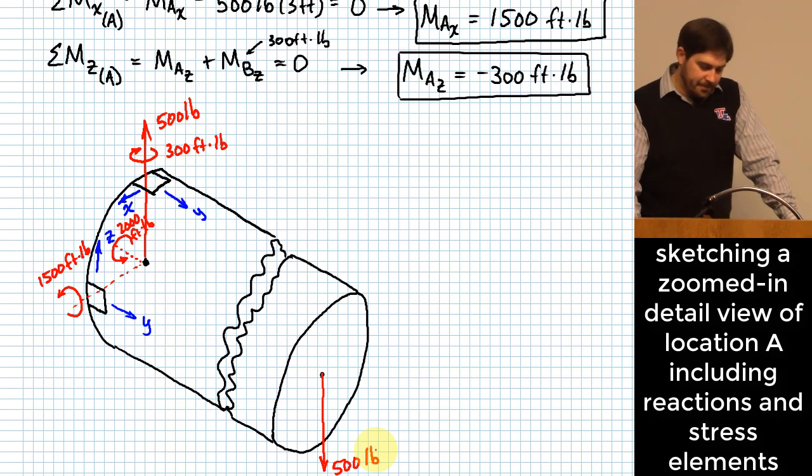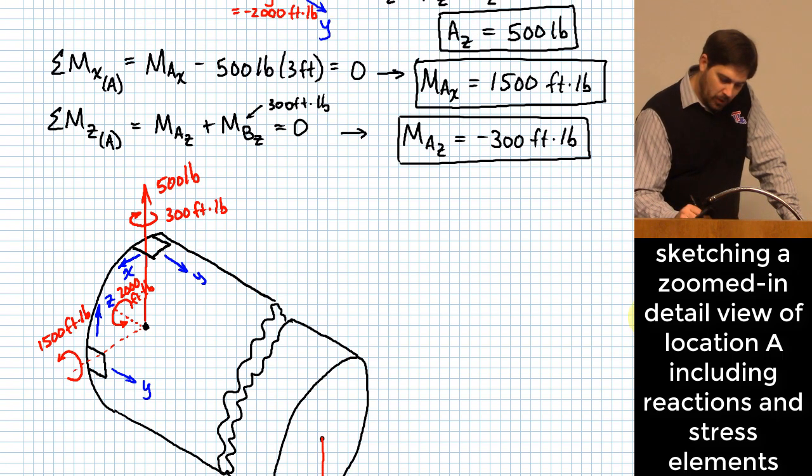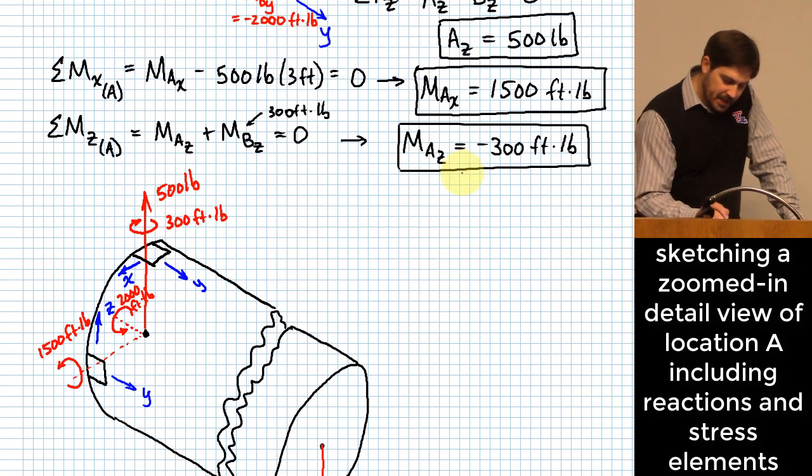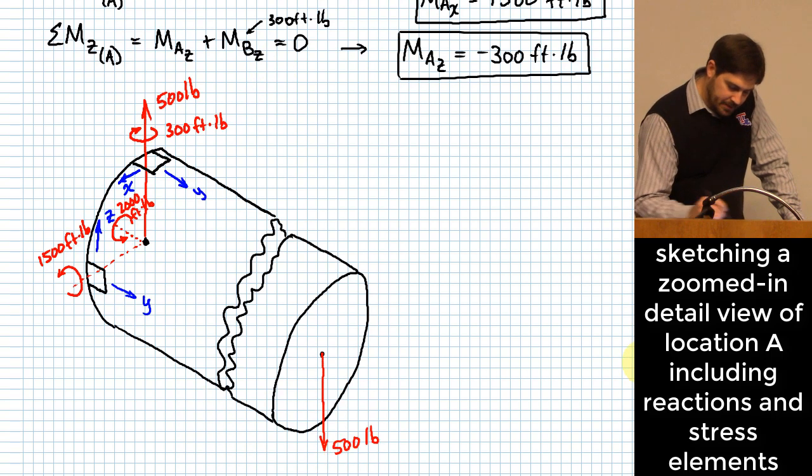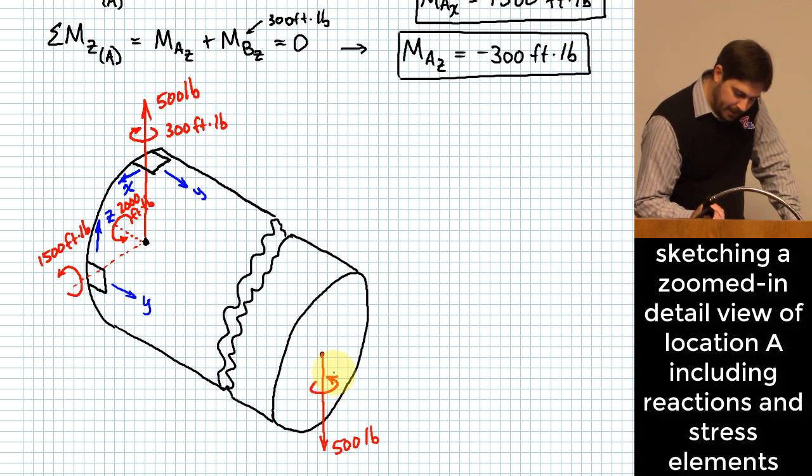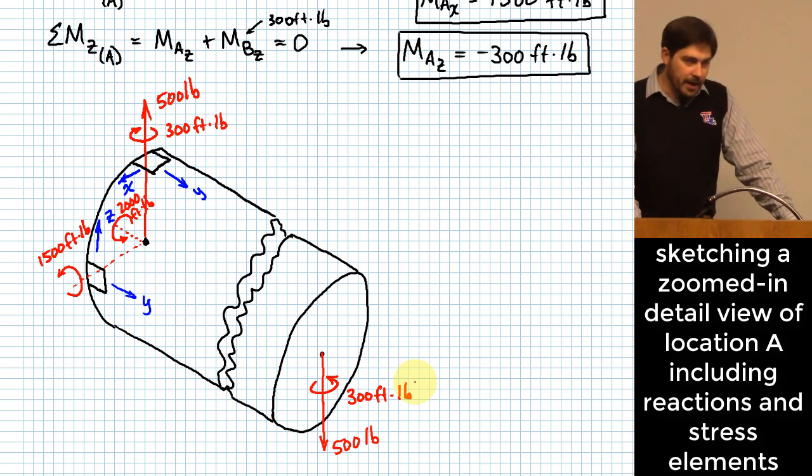What else did we have? Okay. What caused the MAZ was an MBZ, right? So there must have been a 300 foot-pound acting this way.